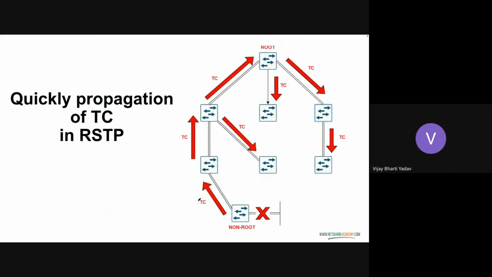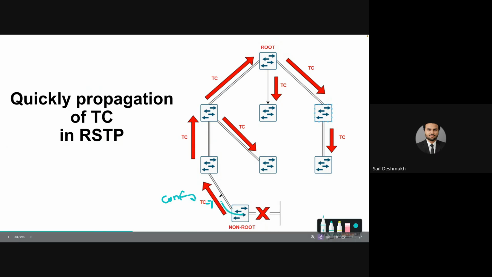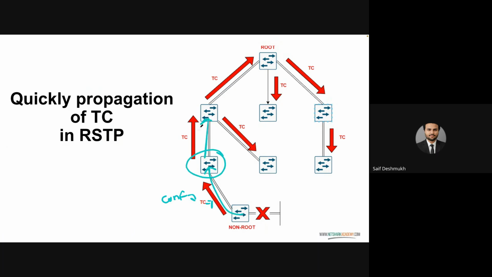It will not wait to go to the root and have the root propagate. They are not waiting. It's immediately conveying my message to other switches. Other switches are sending to every other interface, root ports and designated ports. Only on non-designated ports they are not going to send. Everywhere else, they will send it.